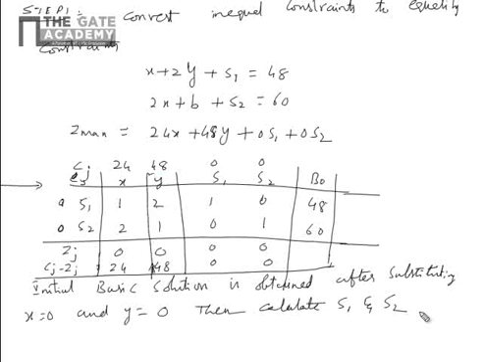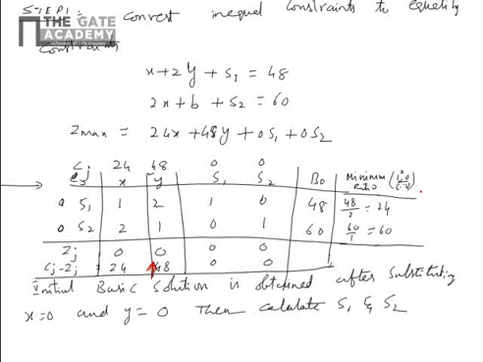Y is entering into the solution, and you shall divide b naught by the entering vector value to get the minimum ratio. So 48 by 2 is 24, 60 by 1 is 60.